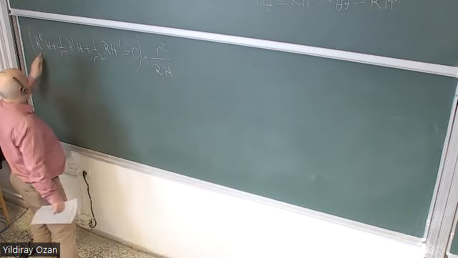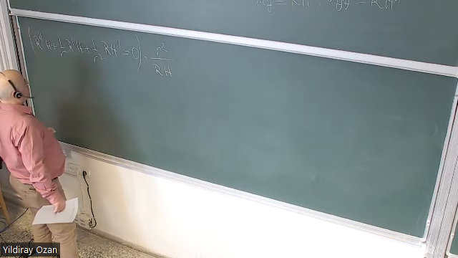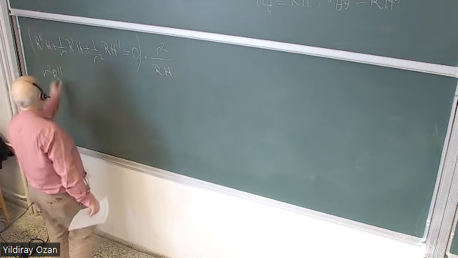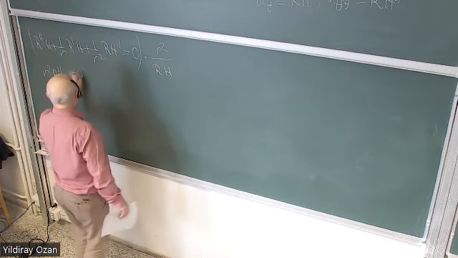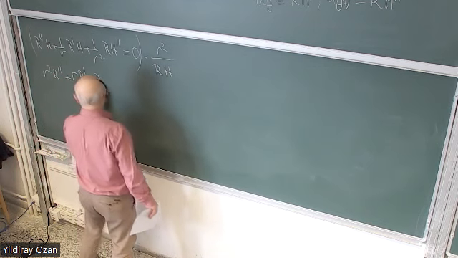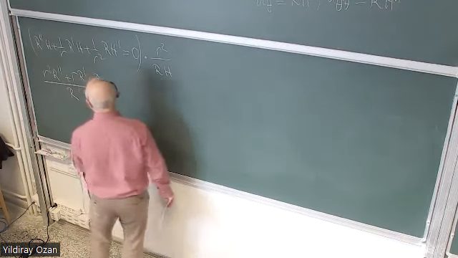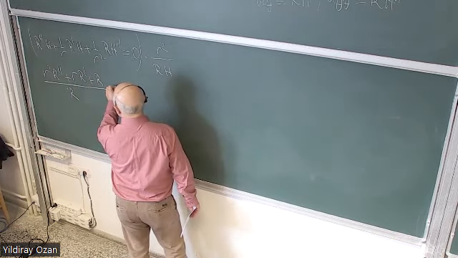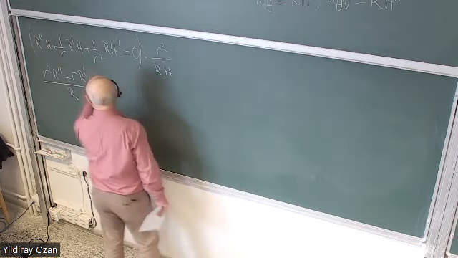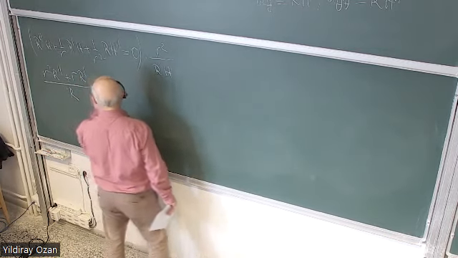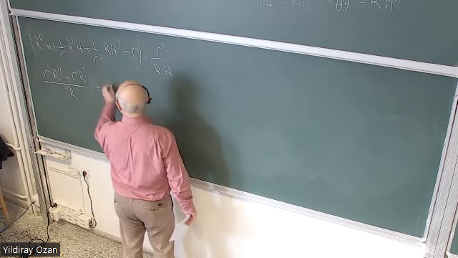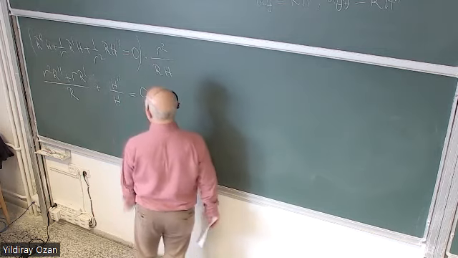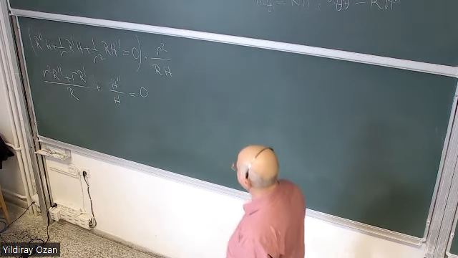So we get r squared R double prime plus r times R prime, divided by R, plus H double prime over H equals 0.